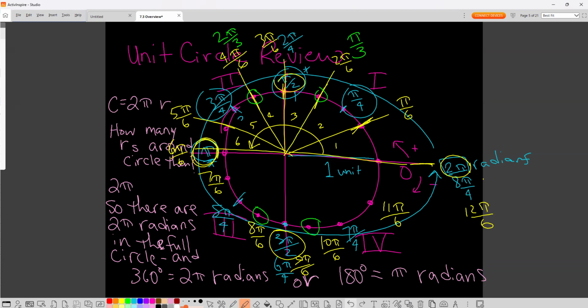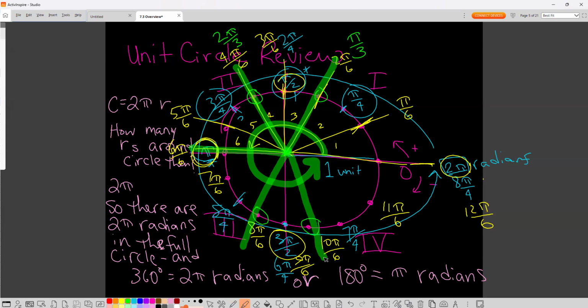There's a pi over 3, there's 2 pi over 3. This would be 3 pi over 3 as we go all the way around here. And then down here, we're going to have our 4 pi over 3, our 5 pi over 3, and we get all the way back, that 6 pi over 3, which is again going to be 2 pi.